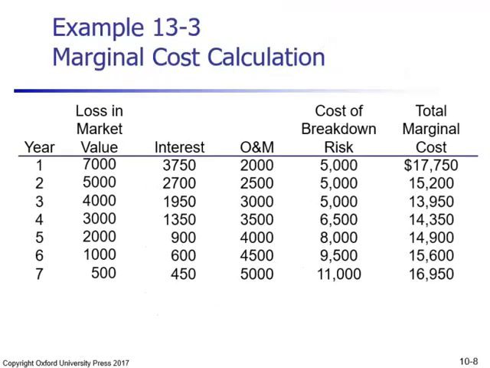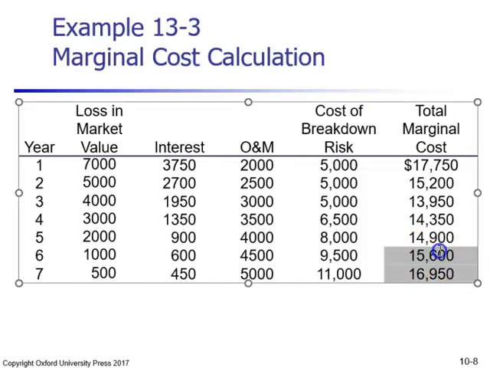Here is the answer to the challenge, and here you can see the total marginal cost at the end of year 1, 2 until 7. If your answers are the same as here, kudos, very well.